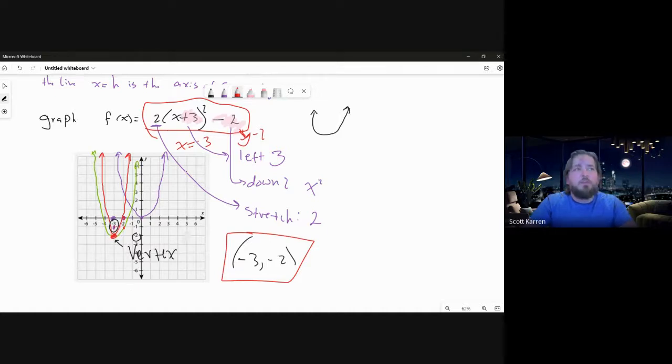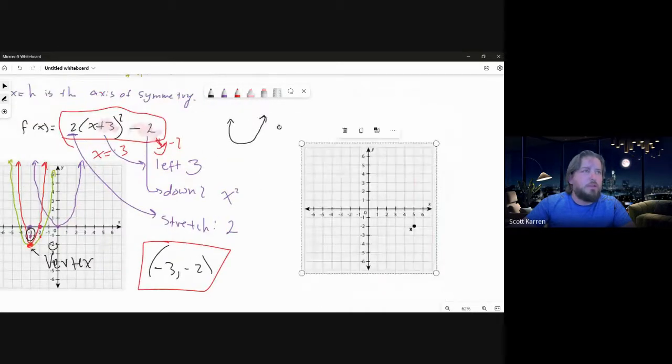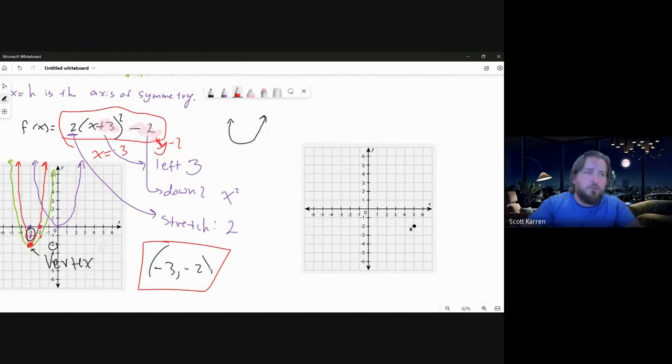Okay. So if I wanted to do that again without going through all of the stretching and the moving, then I can just say I know my vertex is at -3, -2, and so I'm just going to go straight to it. -3, -2. Again, ignore that x over there. And then it's just a parabola starting there that gets stretched by a factor of 2. And so it just becomes thin, and it looks like, I mean, that was better.